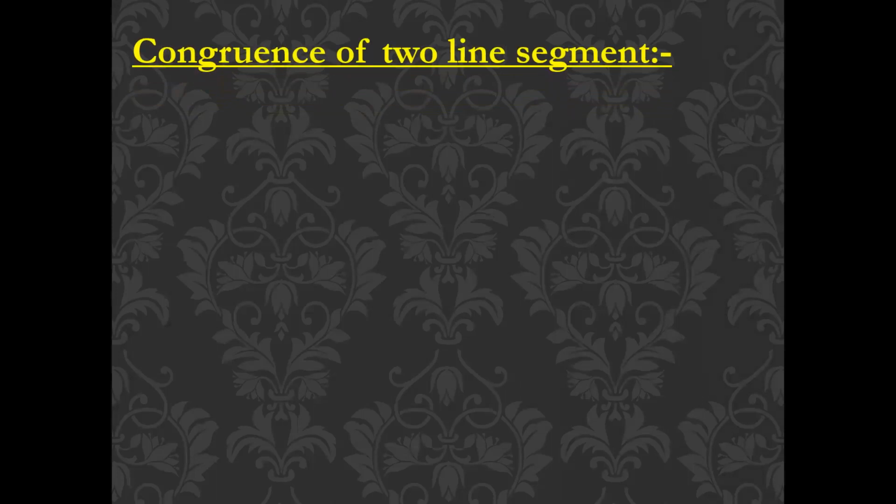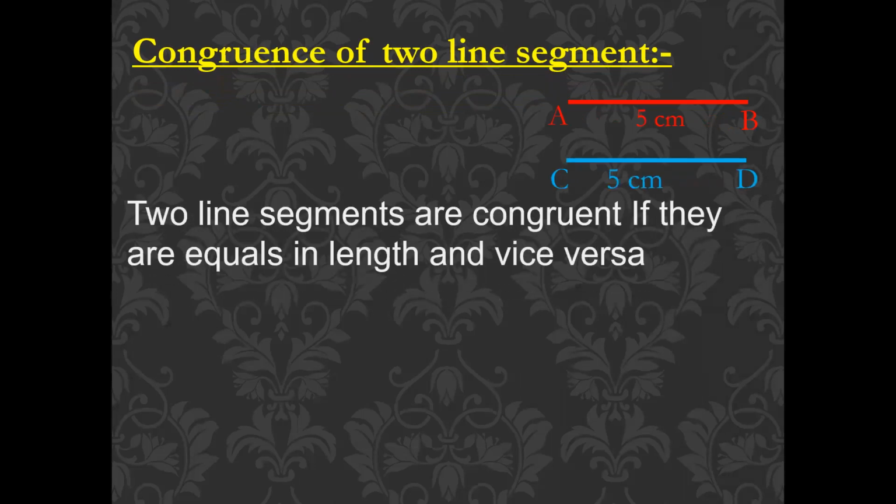The first part in our lesson is the congruence of two line segments. We can say that two line segments are congruent if they are equal in length. As we see, we have two line segments, AB and CD. The line segment AB is 5 centimeters and CD is also 5 centimeters.